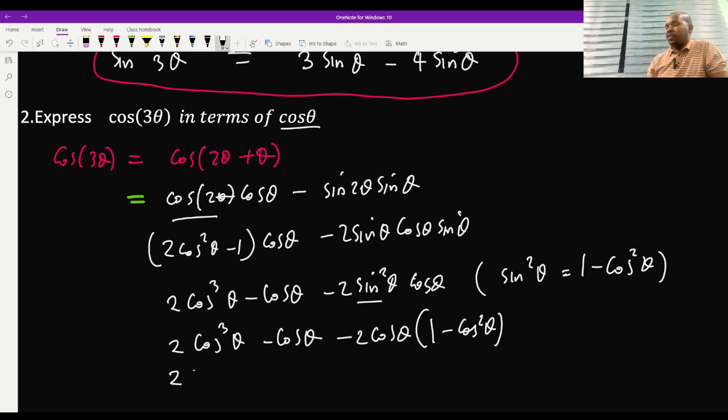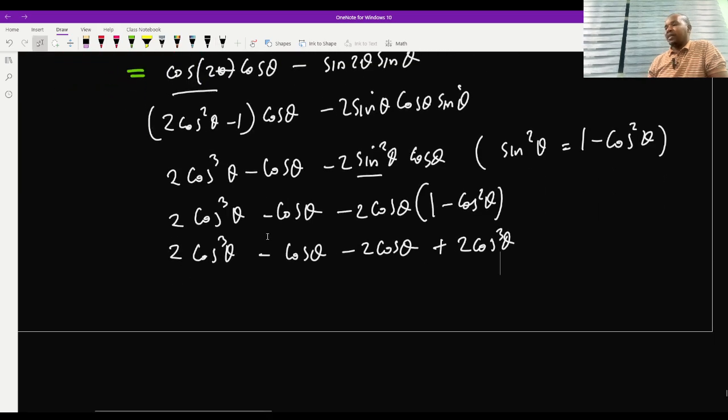We proceed further, we'll be having 2 cos cubic theta minus cosine theta minus 2 cosine theta plus 2 cos cubic theta.